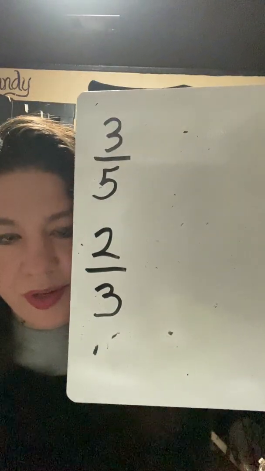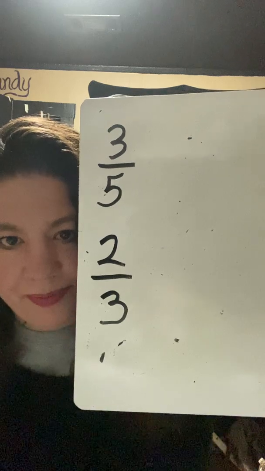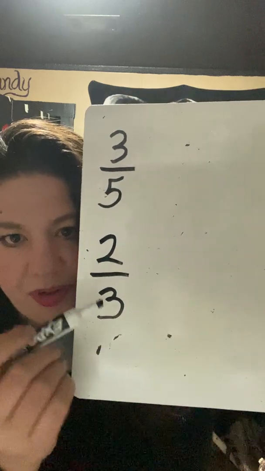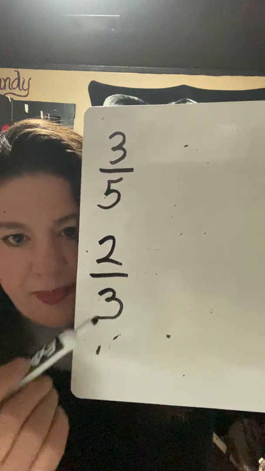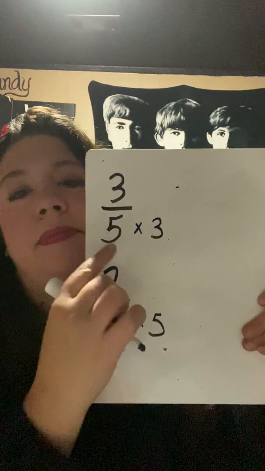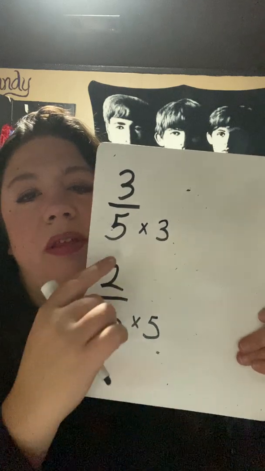How do I make them have the same number on the bottom? I multiply 5 times this number, and I multiply 3 times that number. So I do 5 times 3 on the bottom, and I do 3 times 5 on the top.